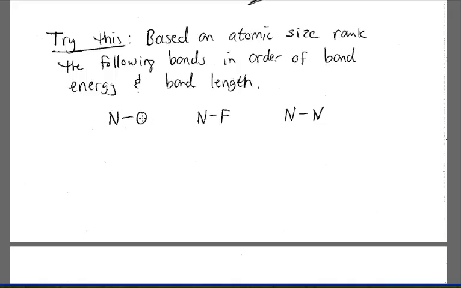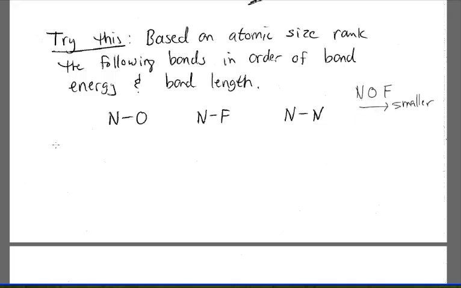Okay, so all we're looking at is what the nitrogen is bonded to. This is an oxygen, a fluorine, and a nitrogen. And we know that going across the periodic table, it goes in the order NOF, and we know that they get smaller. Atoms get smaller going across. Therefore, fluorine is the smallest, followed by oxygen, followed by nitrogen.